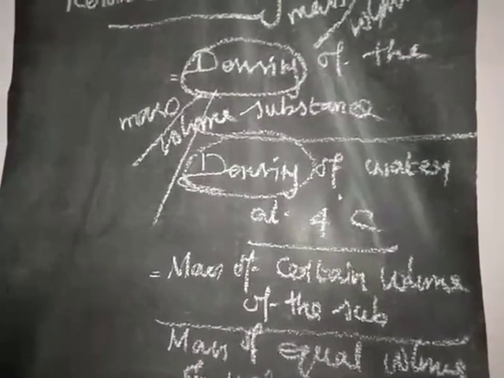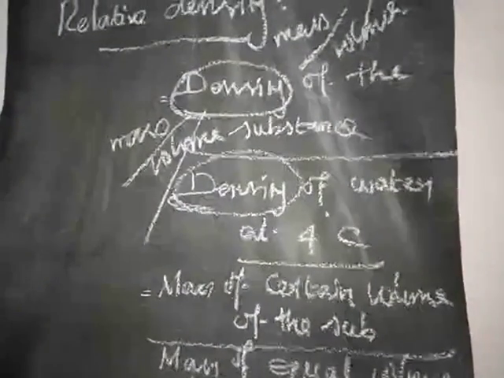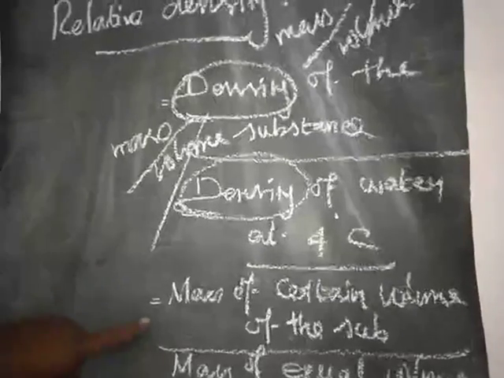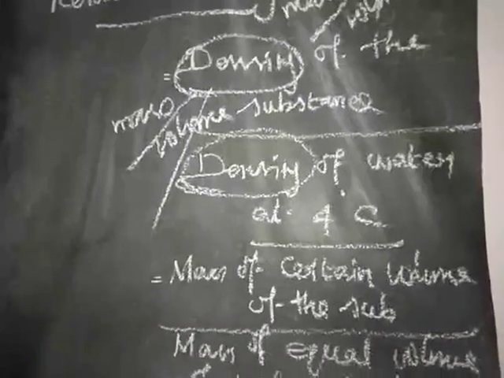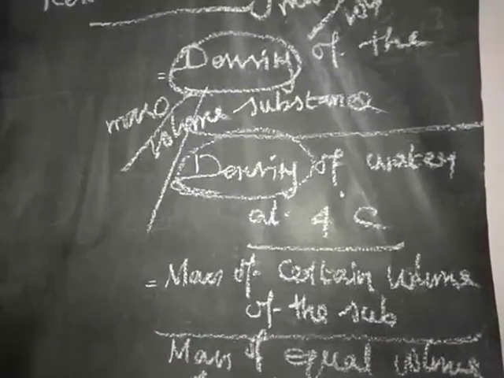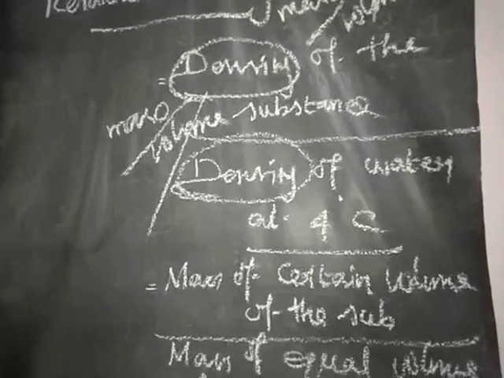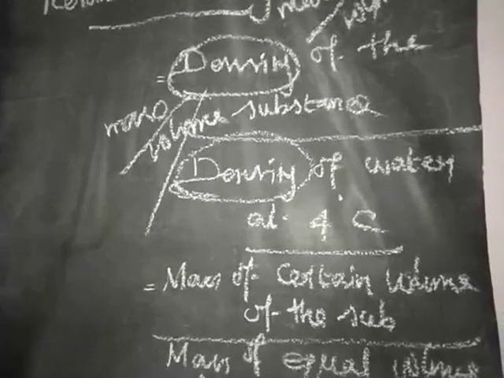So this is the equation for relative density. Relative density is equal to mass of a certain volume of the substance divided by mass of an equal volume of water at 4 degrees Celsius.